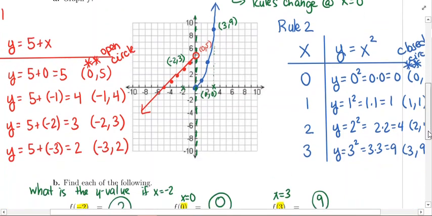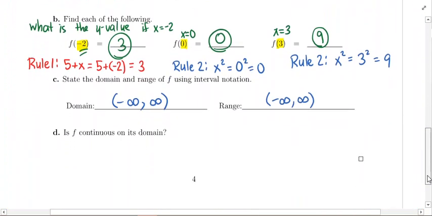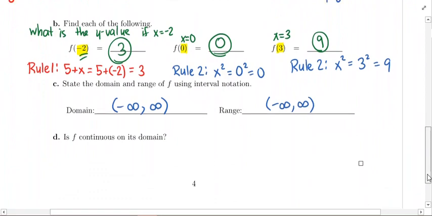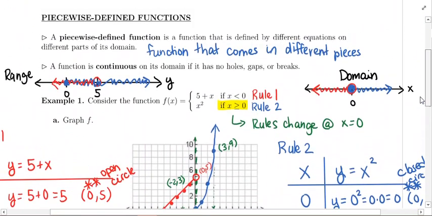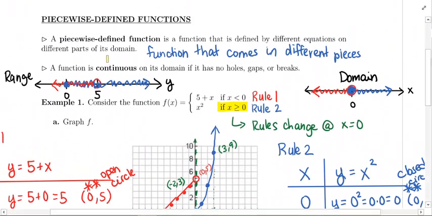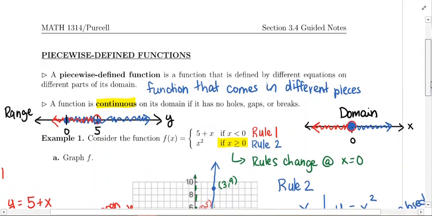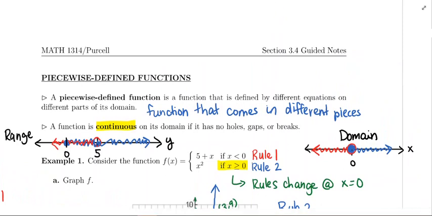The last thing here is, is the function continuous on its domain? If you go back to the top, you can see the vocabulary word. A function is continuous on its domain if it has no holes, gaps, or breaks. A great way of determining continuity, let me write something that might help you here.